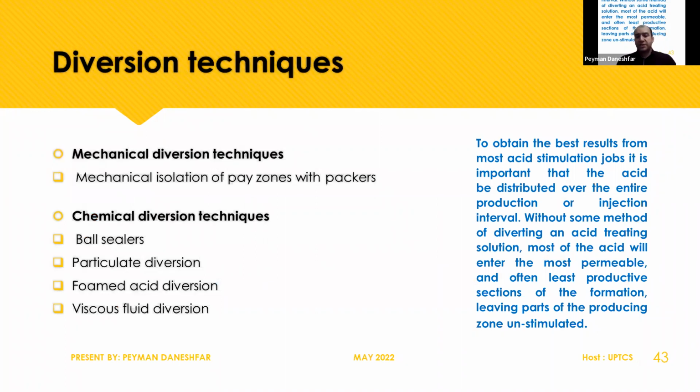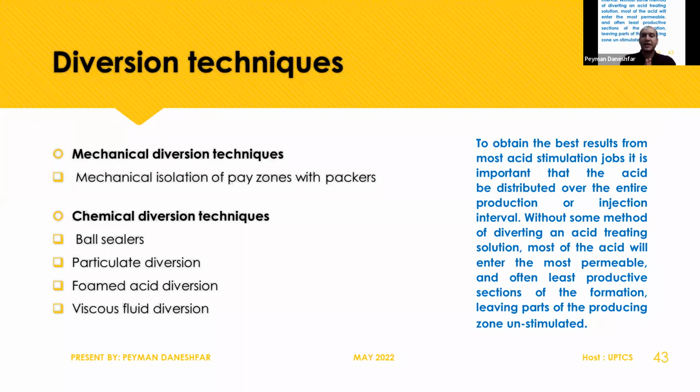What are diversion techniques? Again, acid has a tendency to go inside the permeable zone, and we want to acidize all intervals of the formations. Okay, so what we can do, we should use the diversion techniques to cover the first permeable zone and divert the acid to another zone.